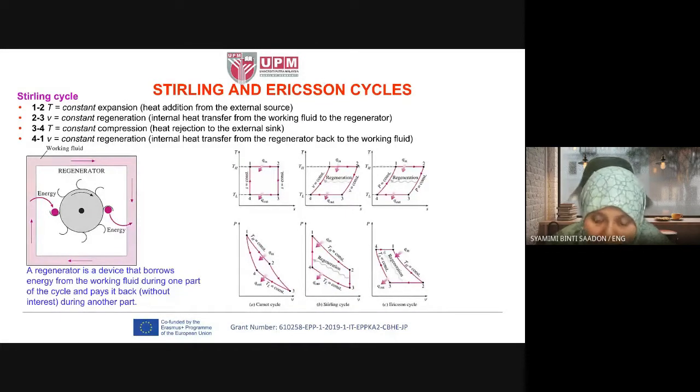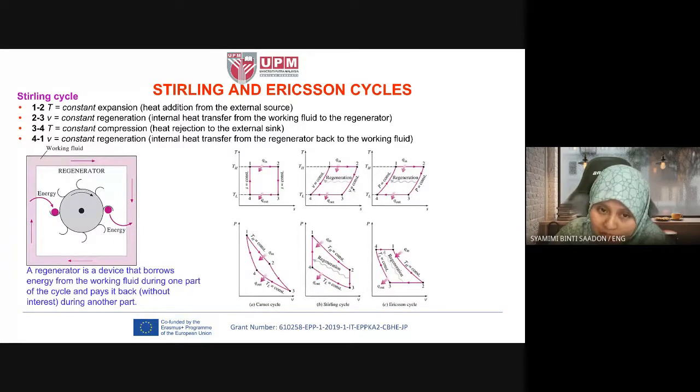Okay, so what is different about the Stirling cycle, it uses the heat. Okay, because after the process of heat addition, the constant expansion at point 2, the working fluid is at high temperature. Okay, at temperature TH.